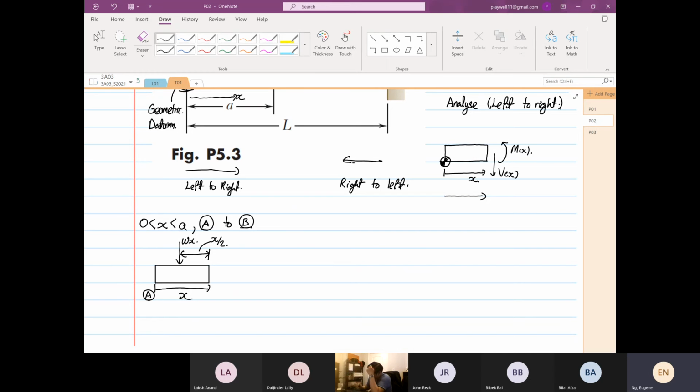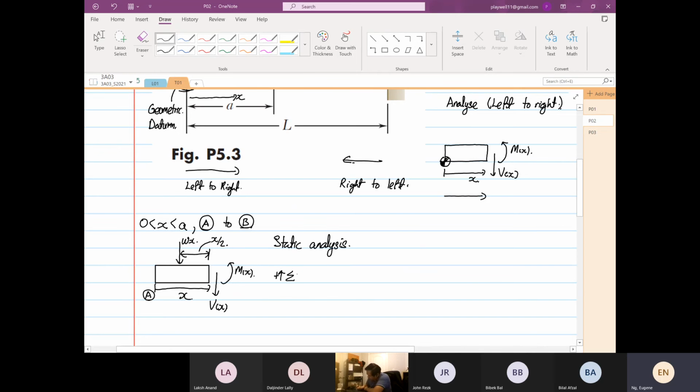Just to quickly recap. Now we know that we are going to assume positive shear, positive bending moment, V as a function of x, and moment as a function of x. The next thing we do is carry out static analysis.